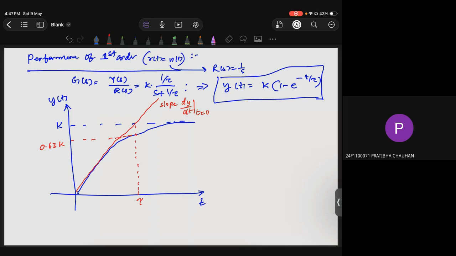Here, when you substitute, that is the first case.